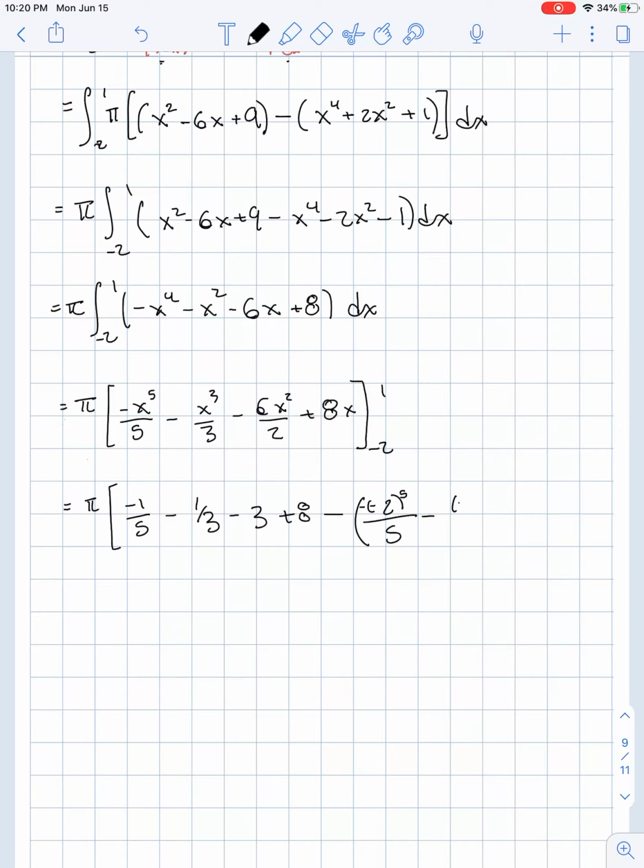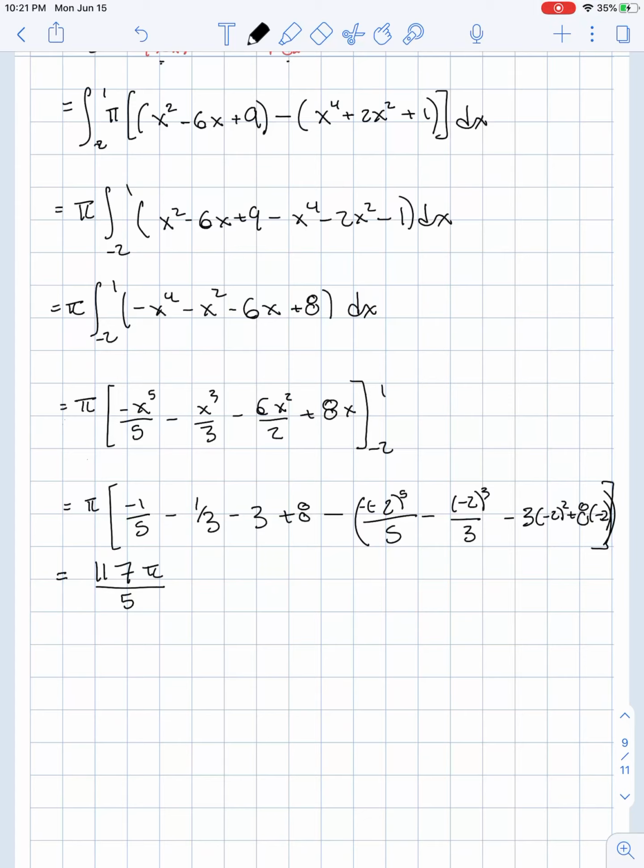Minus -32 over 5, minus -2 cubed over 3, minus 3 times -2 squared, plus 8 times -2. Running out of room. There we go. So after all of that, we should get 117 pi over 5. All right.